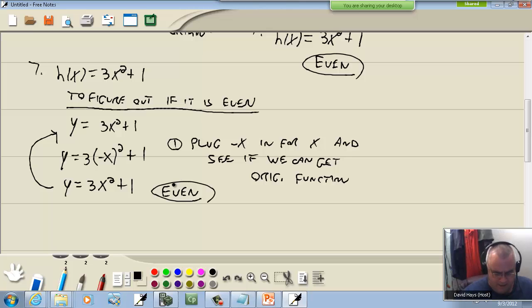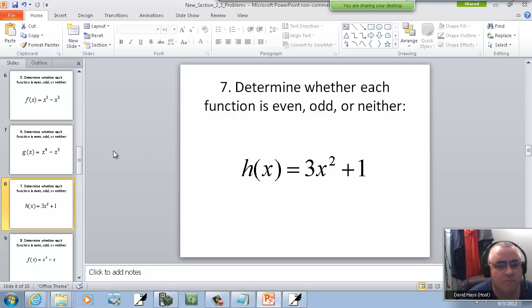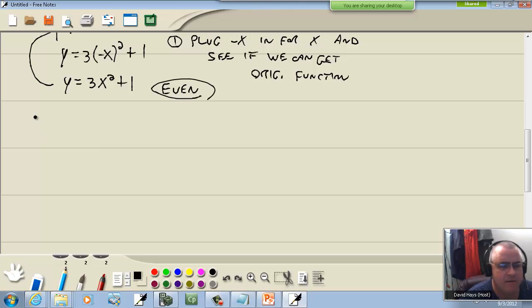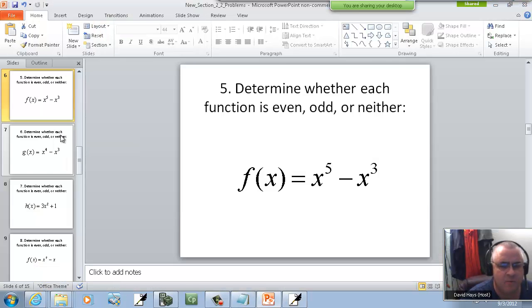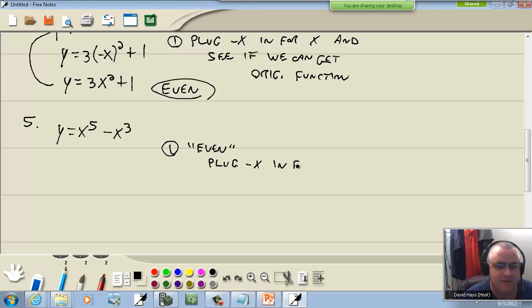Okay, let's look at a little harder one now. The first one. So we got y equals x to the fifth minus x to the third, and we want to know whether it's even, odd, or neither. Well, first to check for even, the one we already talked about, we're going to plug negative x in for x.